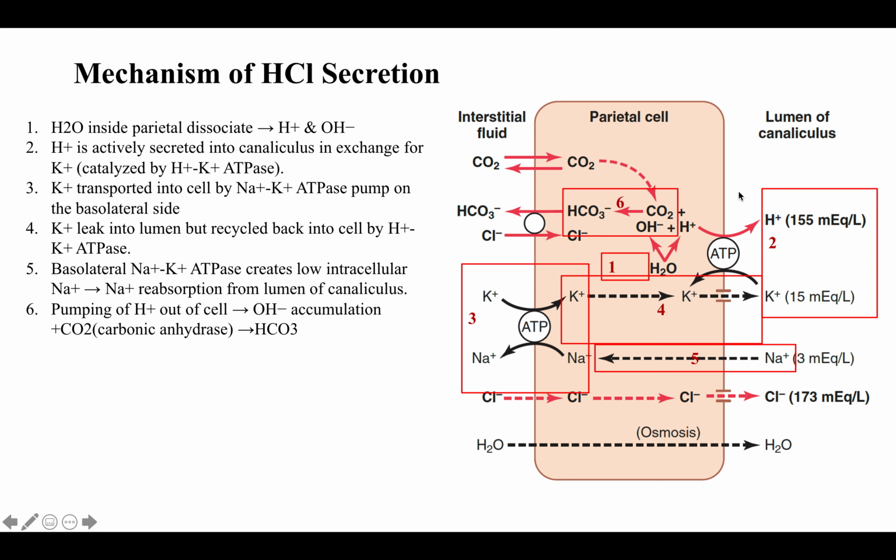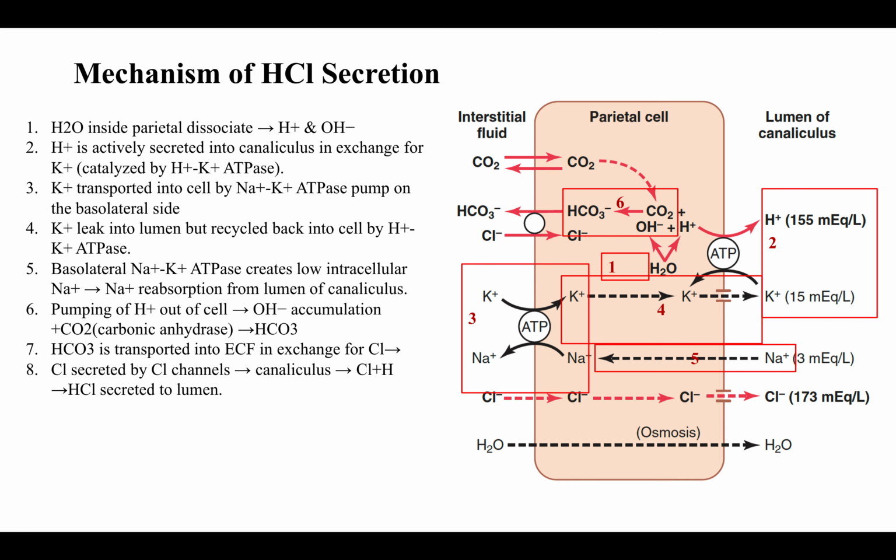And at this stage, because water dissociates into proton and proton is excreted outside the cells, we have the OH here, which combines with carbon dioxide to form bicarbonate using an enzyme called carbonic anhydrase. So OH combined with carbon dioxide forming bicarbonate, and bicarbonate is excreted outside in exchange with chloride. So bicarbonate is out, chloride in.